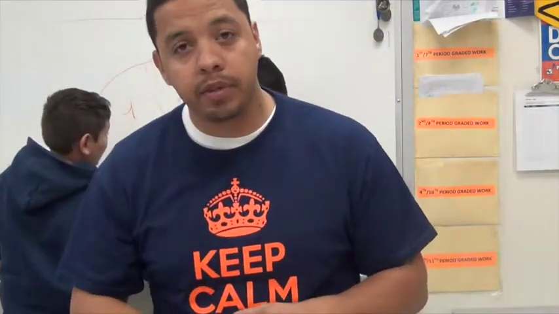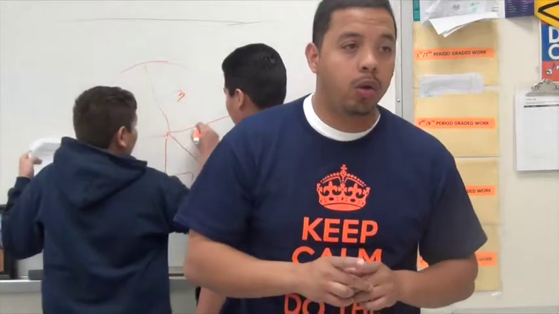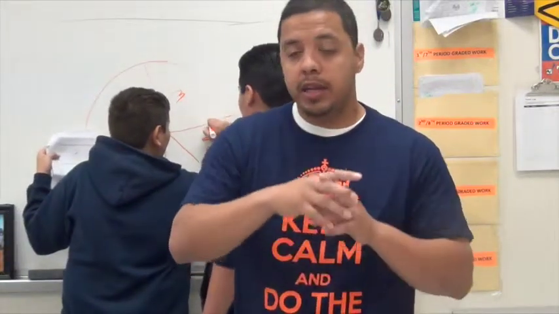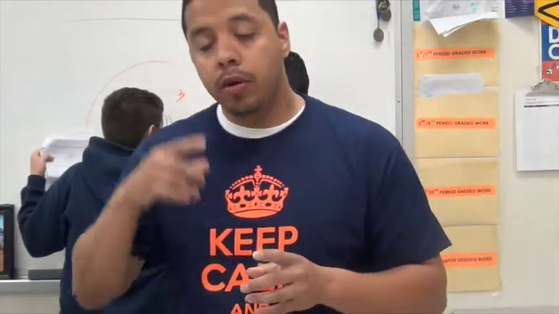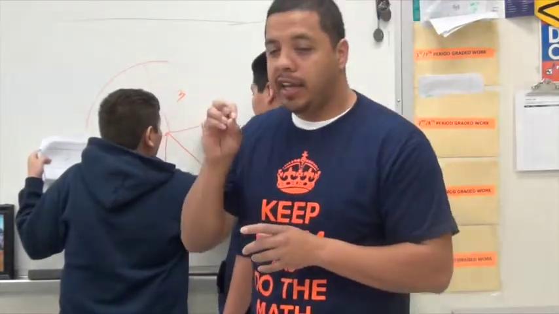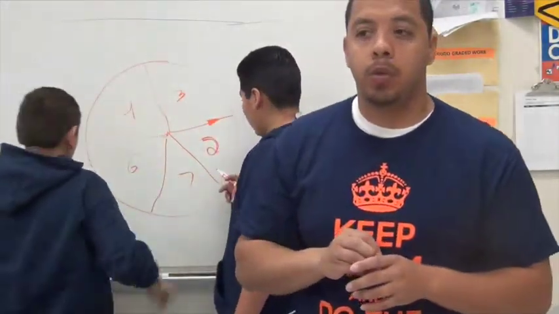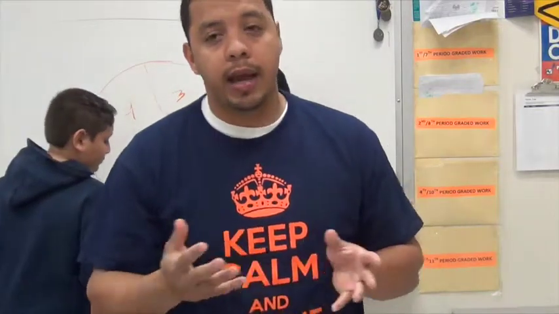Whether it's 100%, 1 whole, or if they give you decimals, everything needs to add up to 1. And you gotta keep that in mind because each piece will contribute to it adding up to 1.